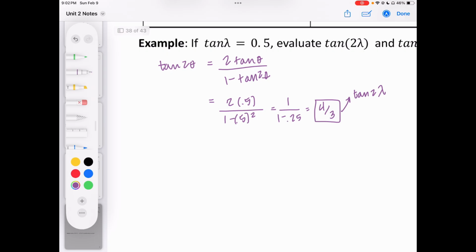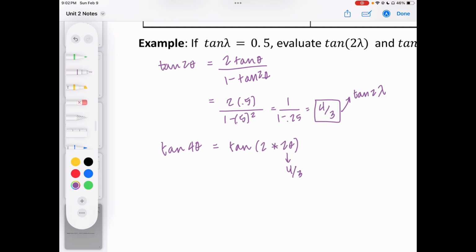Okay, if we want 4 theta, think about this, right? What we're really saying is we want tangent of 2 times 2 theta. We already have 2 theta. We found it to be 4/3.